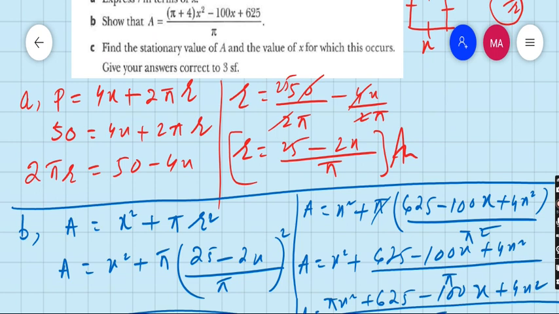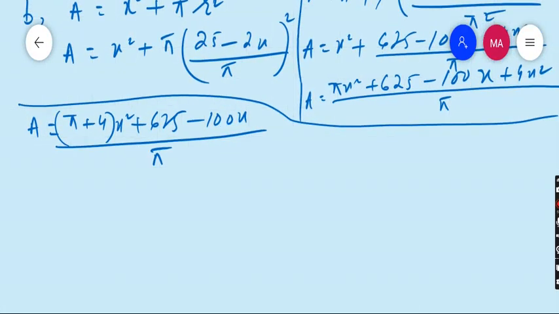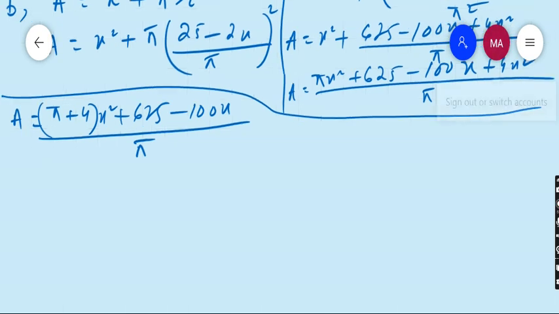Find the stationary value of A and the value of x for which this occurs. Very easy. First we have to find dA by dx.